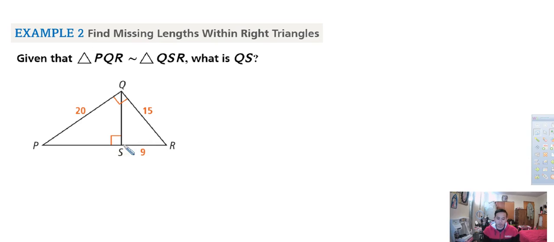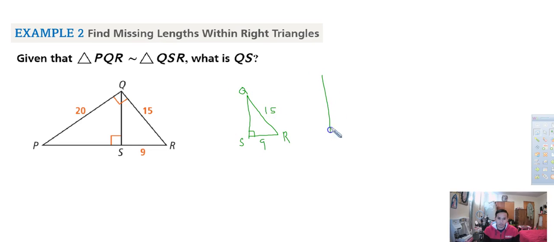If you redraw the two triangles, one of them will be like this. This is SQR, with a right angle here, and the measurements here are 9 and 15.